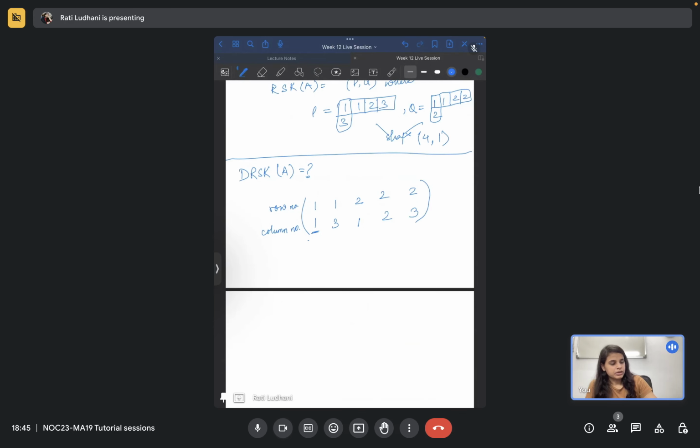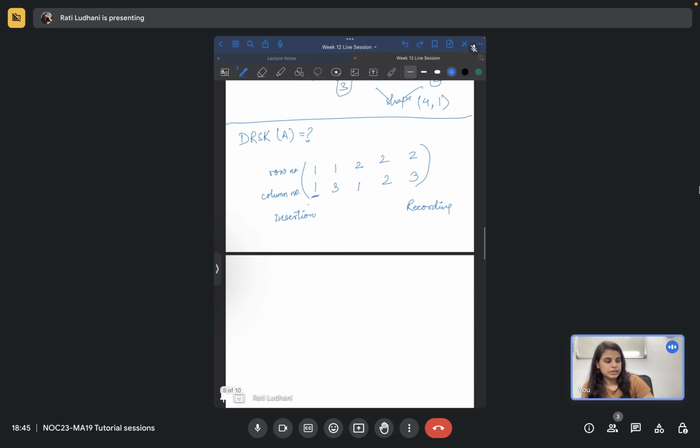Firstly, again you are doing the insertion tableau. This is not P right now, just the recording. Even this is not an SSYT. Now you first insert 5. Then you insert 1, so you get 1, and corresponding to that the row number is 1.